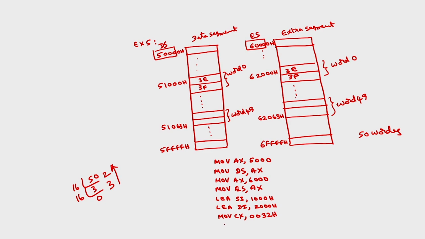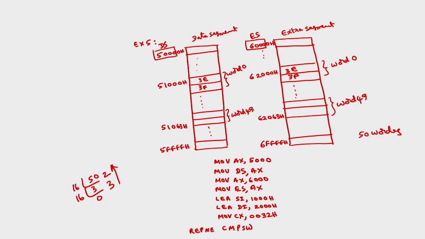Now we can directly write compare string word. Inside this instruction it will compare the source and destination, for 50 iterations. If I add a prefix called repeat not equal, then if there is no match only, it will continue.